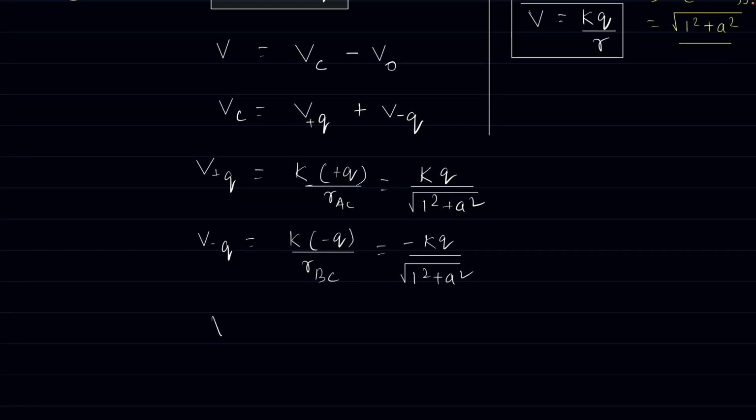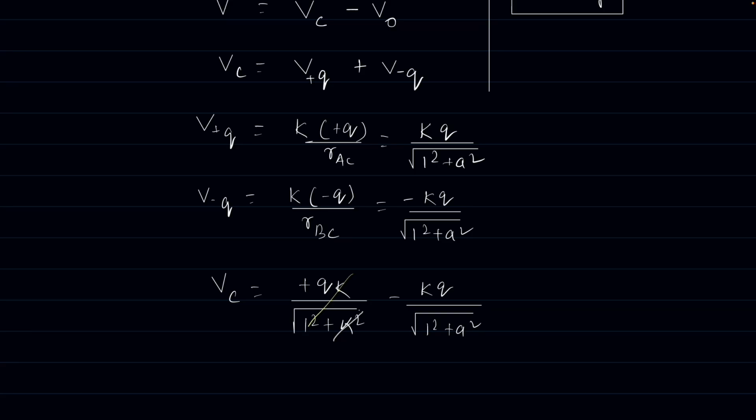So what is the value of the potential at C? It is equal to kq by root of 1 square plus a square minus kq by root of 1 square plus a square. Now both are the same, so they cancel. Based on that, we say that the potential at C is equal to 0.